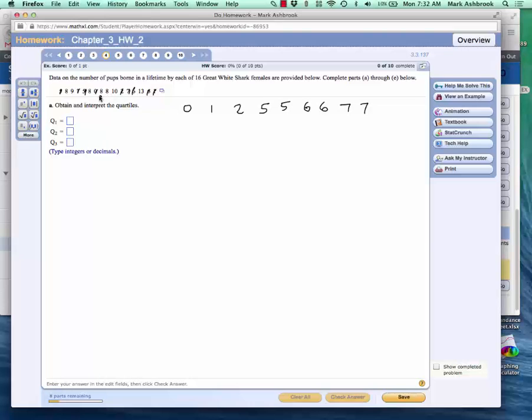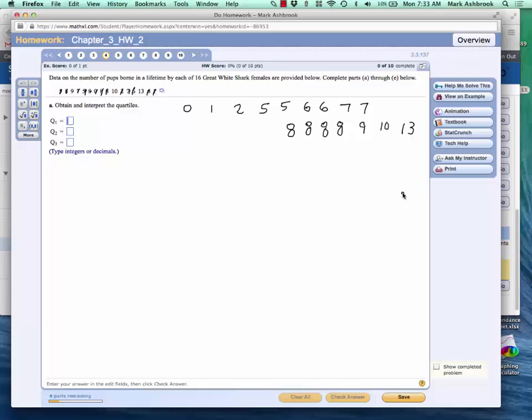One, 2, 3, 4 8s. Nine, 10, 13. Is that 16? 1, 2, 3, 4, 5, 6, 7, 8, 9, 12, 13, 14. Good. Okay, got them all. Okay, so here's our data set.